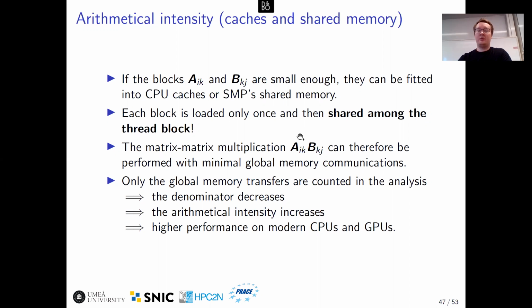And this means that all the threads that belong to the same thread block can go and load this data together and store it into the shared memory. And the end result is that this operation, individual submatrix multiplication, can be performed with a really minimal number of data transfers from the global memory.